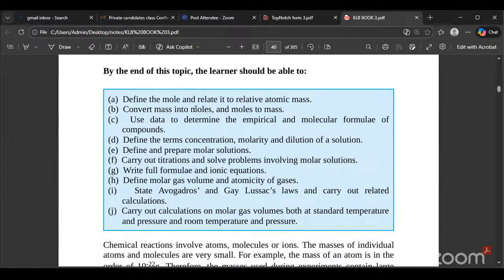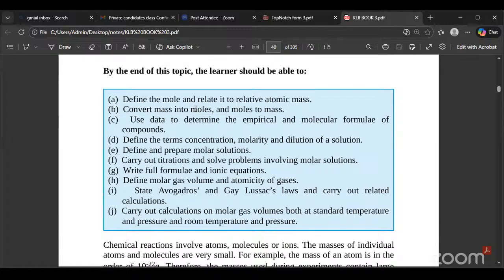So that is what I'm saying: if you don't know the first two objectives, A and B, which are so very important, I would advise you to really dwell on that before you continue to the lower part. So we'll be defining and preparing that one.